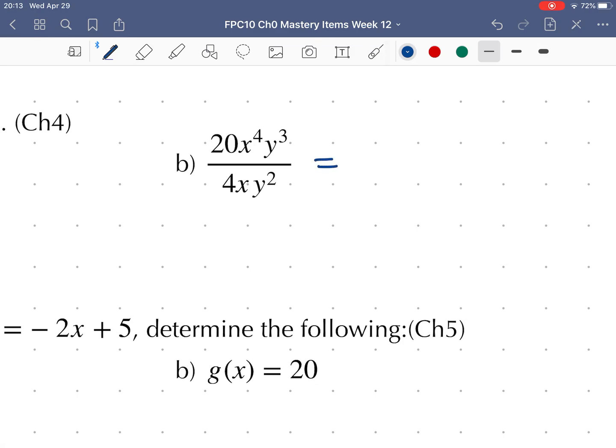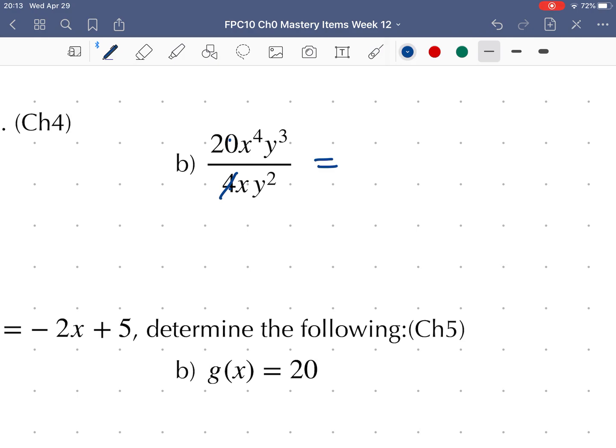Letter B, we have a fraction. Now, one of the important things to check here is, are all of our exponents positive? All of our exponents are positive. That makes this a little easier to work with. Okay, so what I'm going to do is I'm just going to cross off.